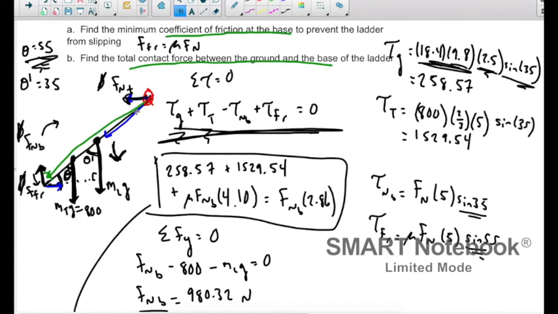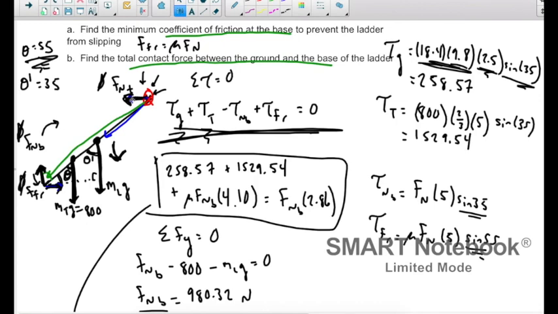And then we could have done an analysis in the x dimension where this force is equal to the force of friction, and then in the y dimension where, once again, this normal force is equal to the forces of gravity. That would have been another way for us to do it. So there are multiple ways of going about this, and one way might not necessarily be better. I just recognize that, hey, if I set my axis of rotation right here, then I can eliminate this unknown.